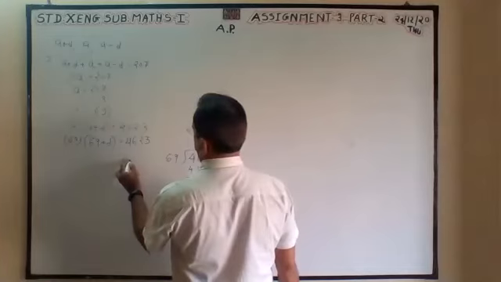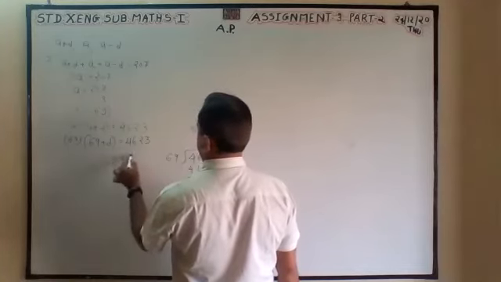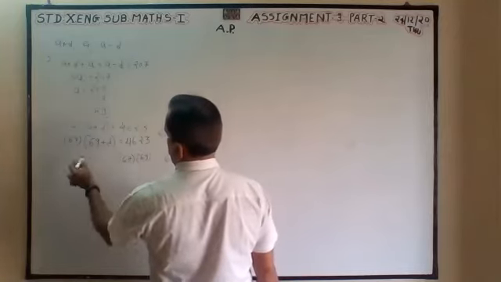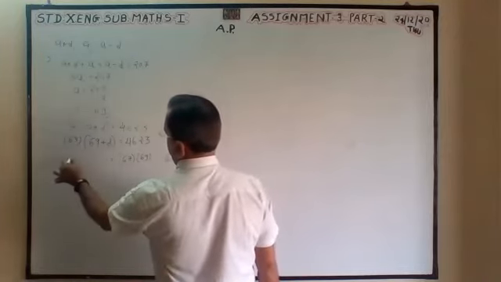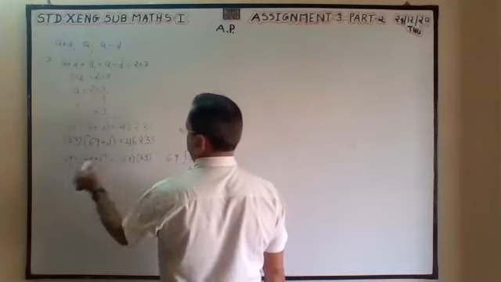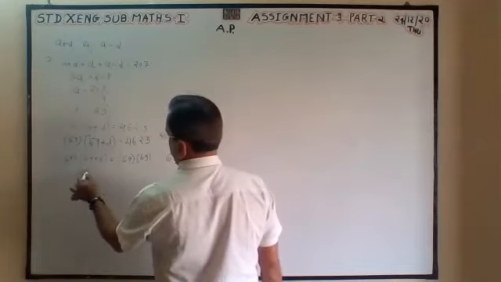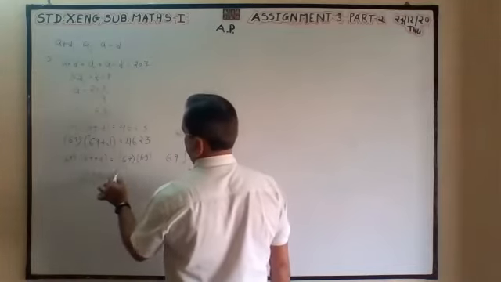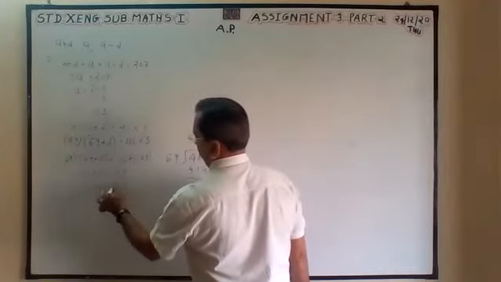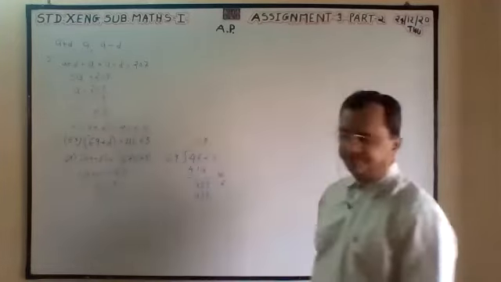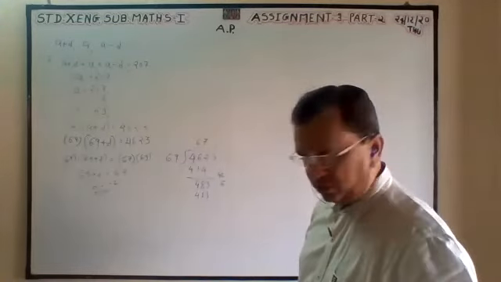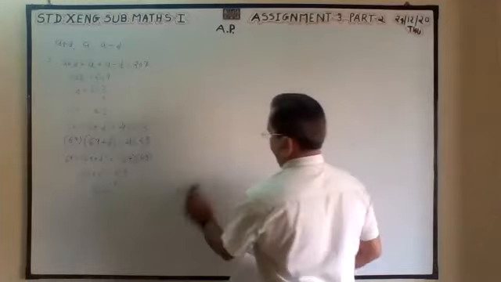So it is 69 plus D equals 67, so this cancels. So the difference is equal to minus 2.